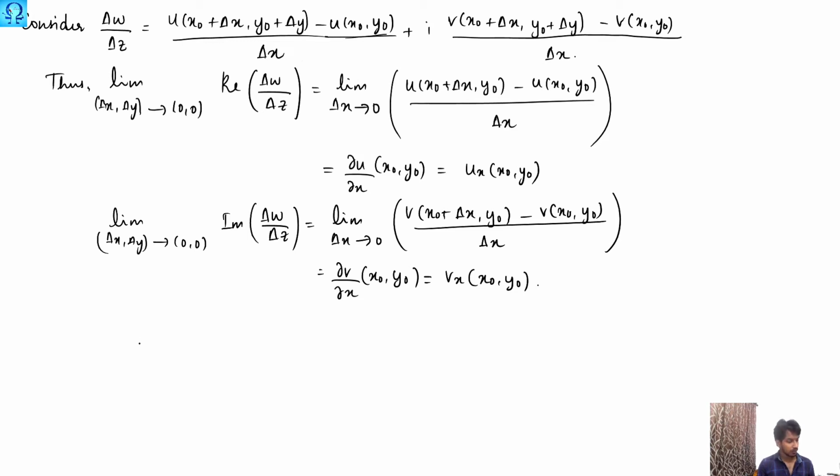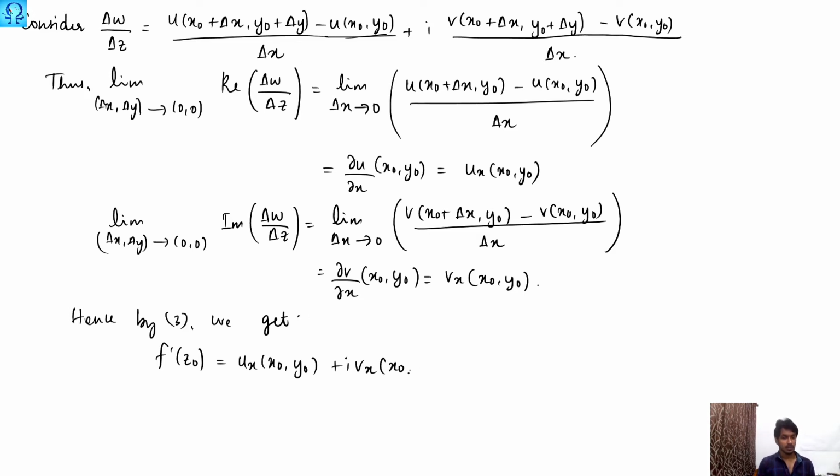Now if you substitute these expressions into equation 3, by equation 3 what we get is f prime evaluated at z naught shall be written as ux of x naught y naught plus iota times vx of x naught y naught. Let me mark this as equation 4.